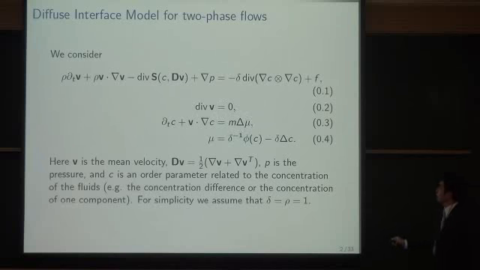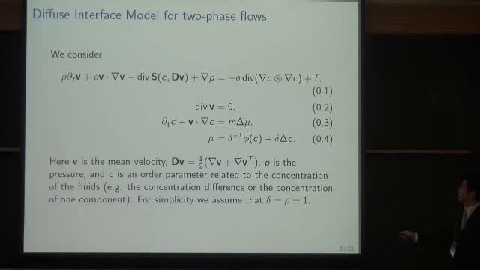Here M is constant, and mu is of this form. There is phi, a function, and here there is the Laplacian. So Laplacian of mu becomes a fourth order derivative. So this is the Cahn-Hilliard equation. If m is equal to 0, C flows with the velocity v.